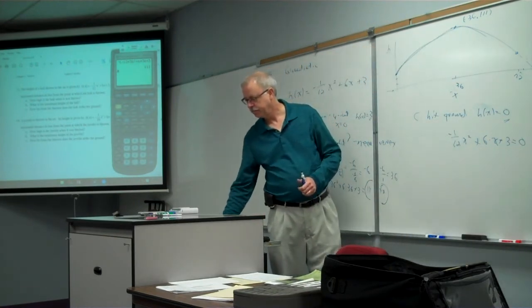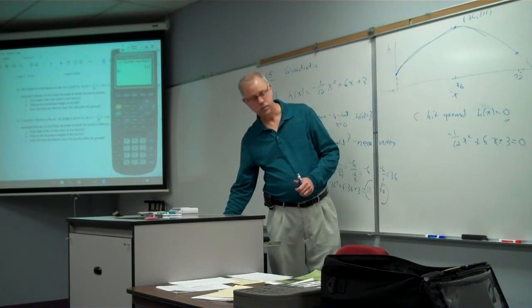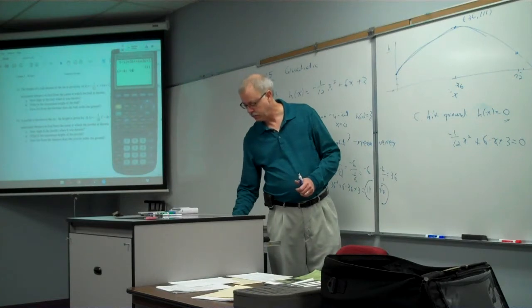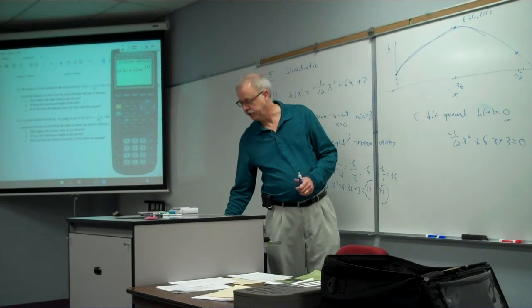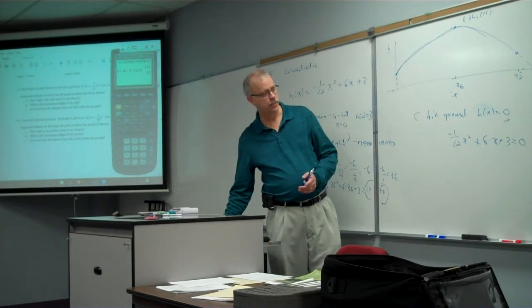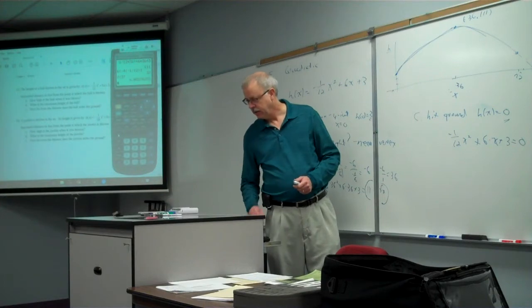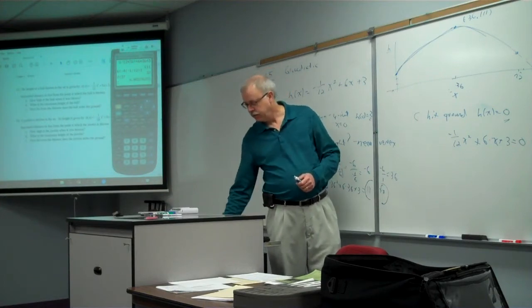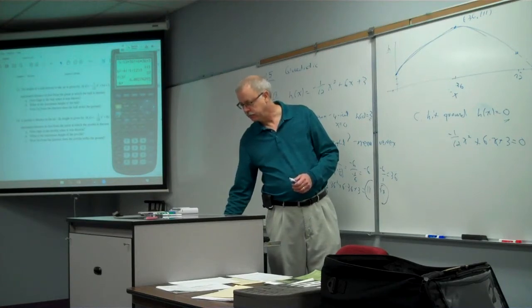Let's see. 6 squared minus 4 times negative 1/12 times 3. So we're looking at the square root of 37, 6.08. So negative 6 plus that is one answer. I believe that's the minus that I would be interested in.